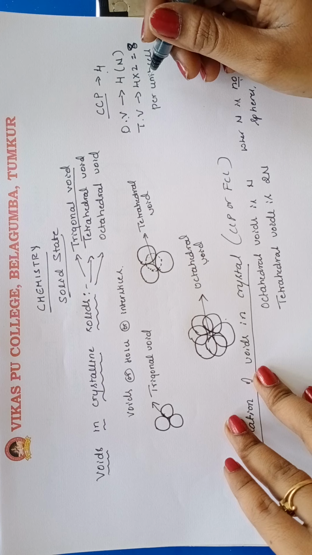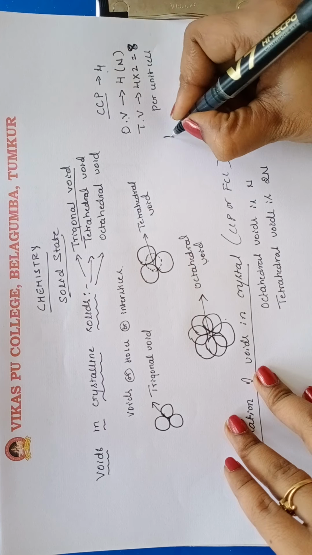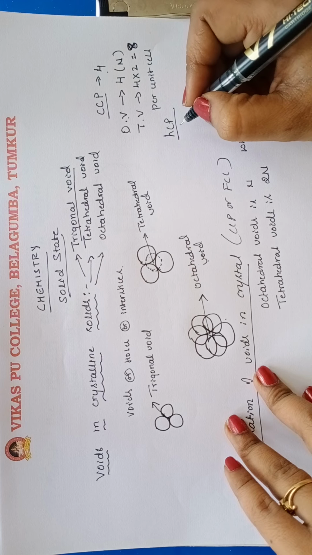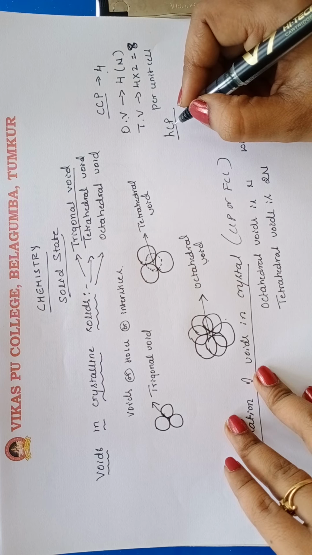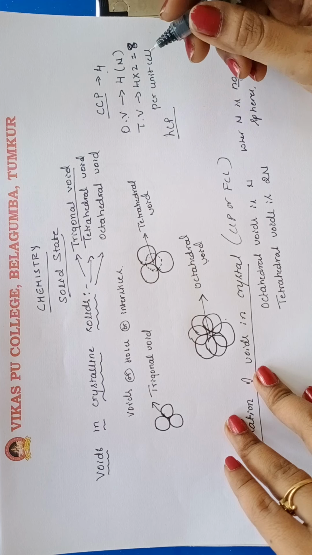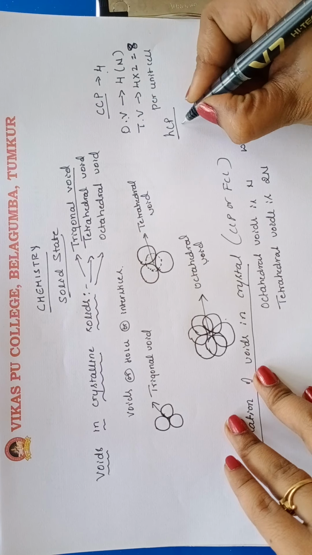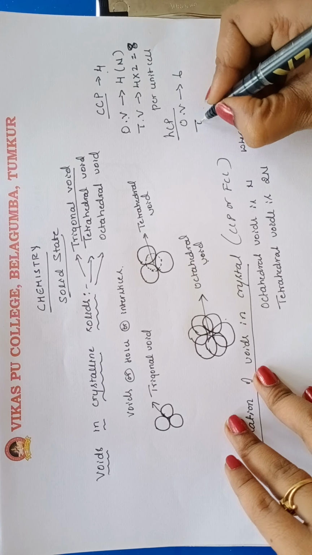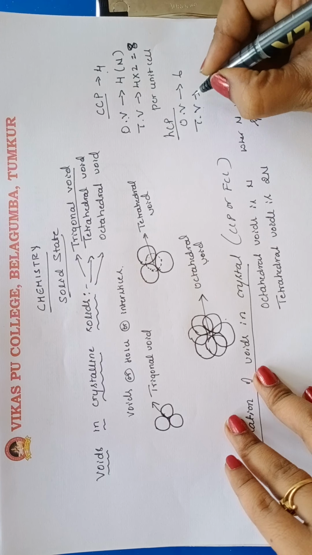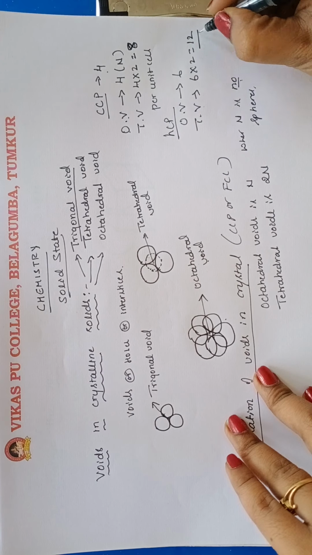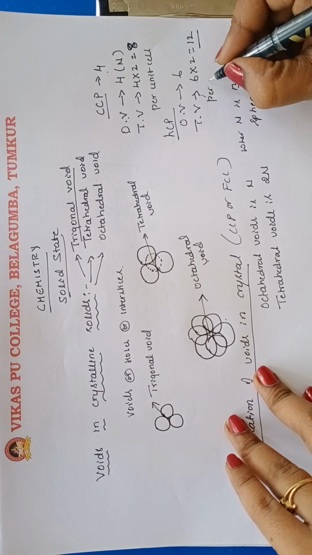Similarly, in hexagonal close packing, HCP, there are 6 atoms or ions per unit cell, so the octahedral voids are 6. The tetrahedral voids are 6 into 2, that is 12 per unit cell.